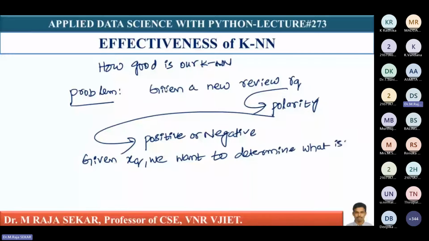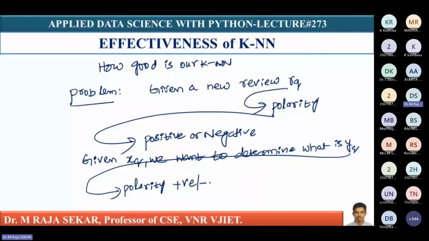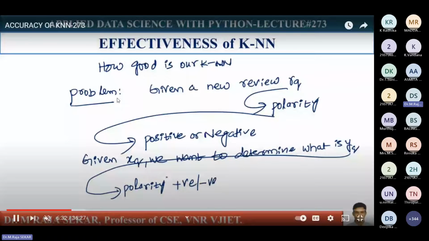There are other measures. Accuracy may not reveal many insights of your data set. There are many drawbacks of the accuracy measure, and it may not work for all types of data sets. There may be an imbalanced data set. Those things I will discuss in a future session. For the time being, just understand effectiveness means let me calculate what the problem is here.